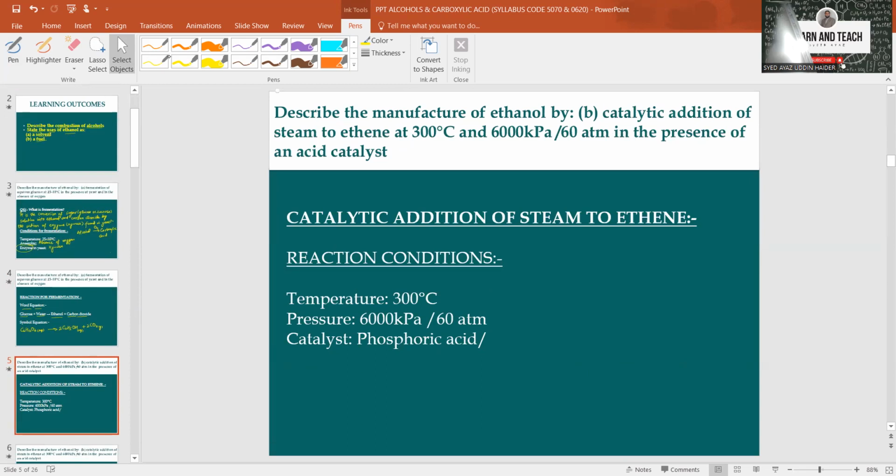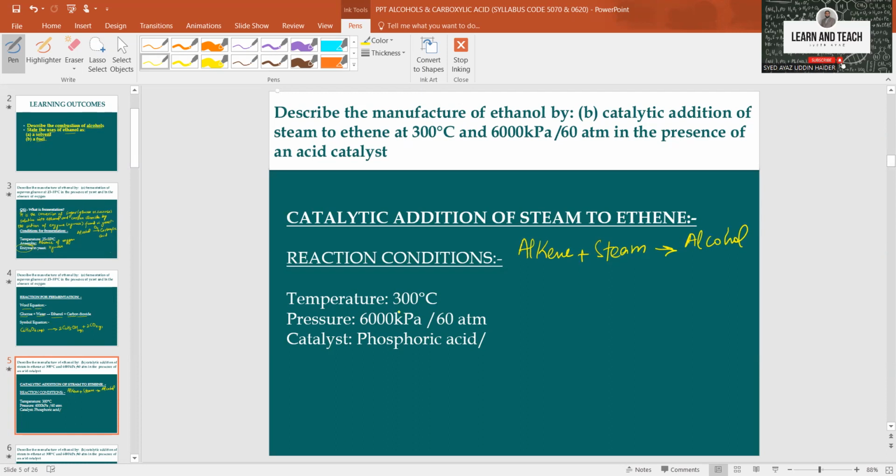Catalytic addition of steam to ethene. Now here's another method in which we can convert ethene into ethanol. Ethene is an alkene. So we are making alcohol from alkene. And how we are doing this? We are adding steam to alkene to get alcohol.